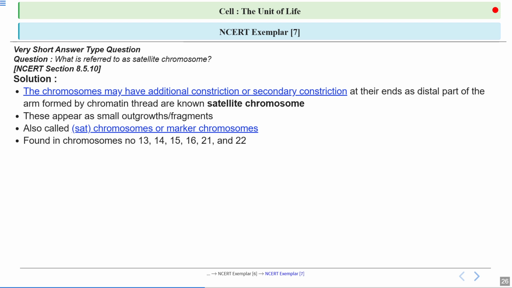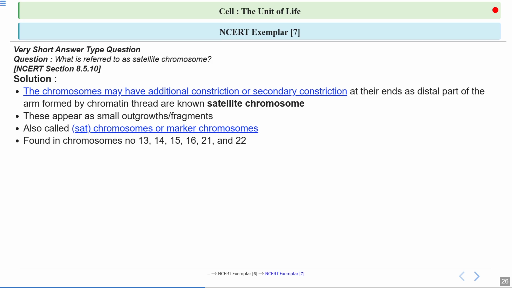Again, the question can be asked: which group of the given chromosomes has satellites? Option 1 may give 1, 2 and 14, and option 2 may give 15, 16, 21. In this way they can give you groups of chromosomes.